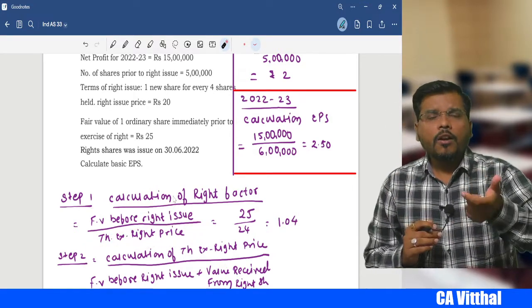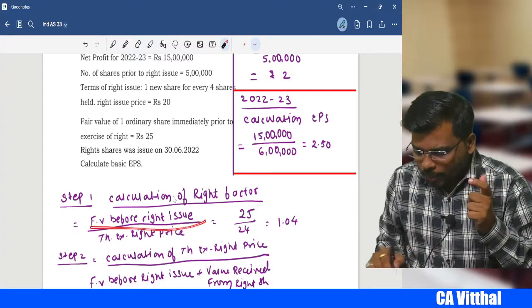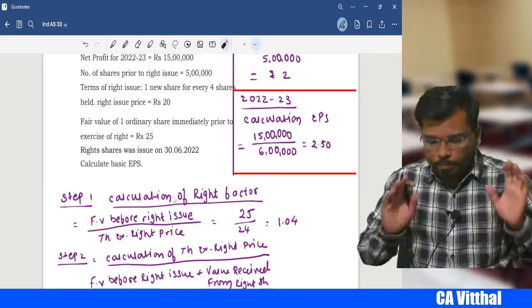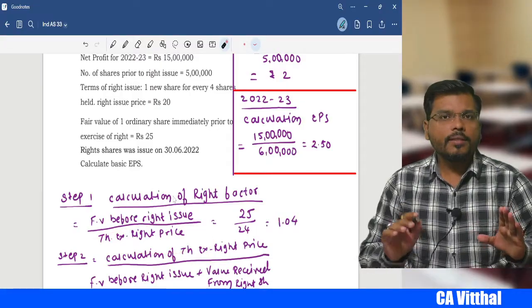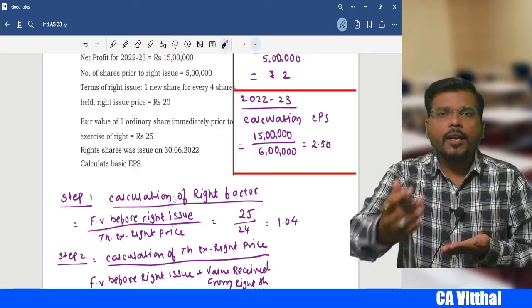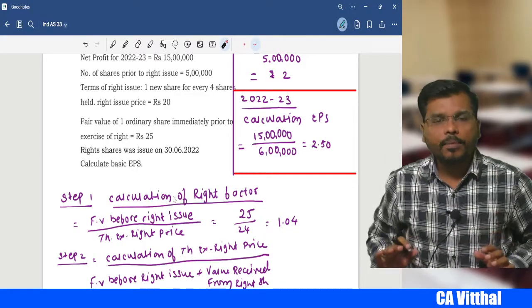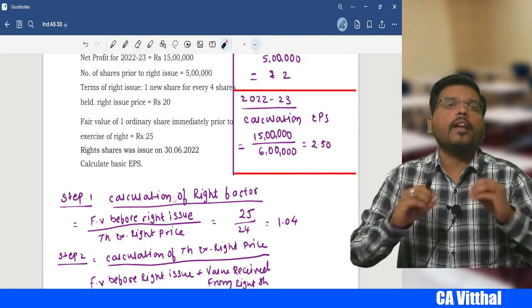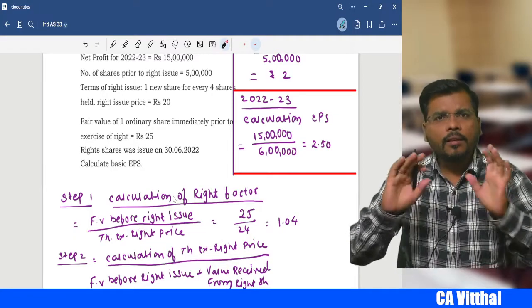Always remember, the fair value of the share before the rights issue will be given in the question, but the theoretical ex-rights price will not be. Theoretical ex-rights: as per theory, after the rights issue, what will be the price per share? We need to calculate that. That will not be given in the question.